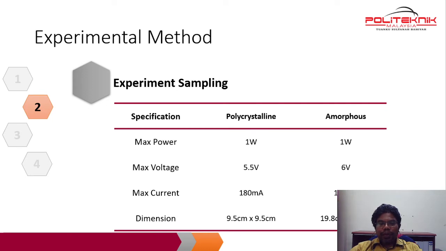Then the specification for both crystalline and non-crystalline, as stated in the table: maximum power is equal for both, and the difference is only for voltage and current. For voltage and current, even though polycrystalline is 0.5 lower than amorphous, the current for polycrystalline is higher compared to amorphous. The dimension is different, since amorphous requires a larger size to generate the same output as polycrystalline.